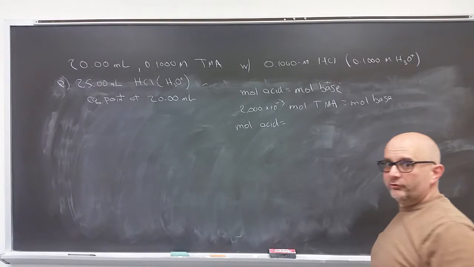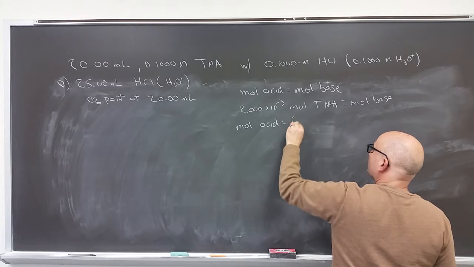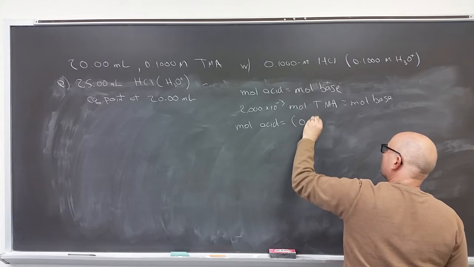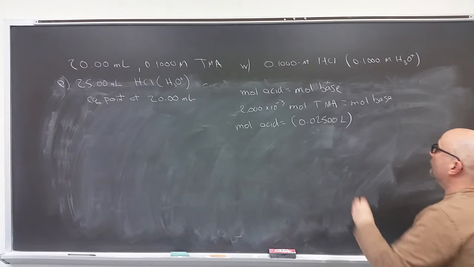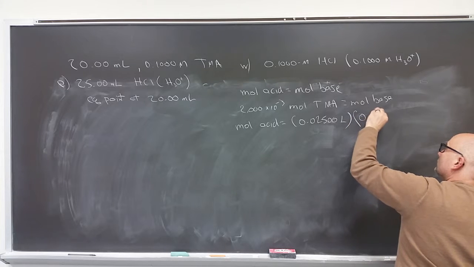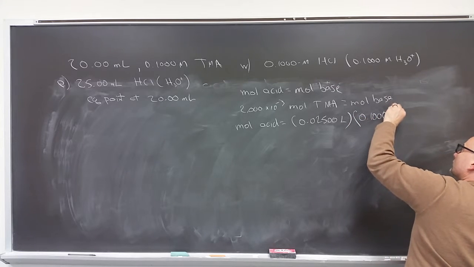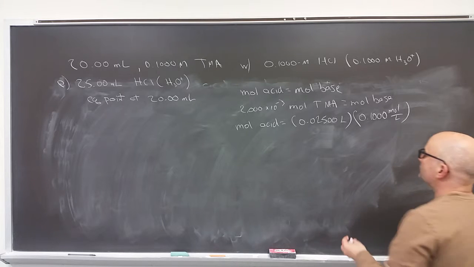So remember, concentration times volume gives you an amount. So we had 0.025 liters of the acid, and that concentration is a tenth mole per liter.